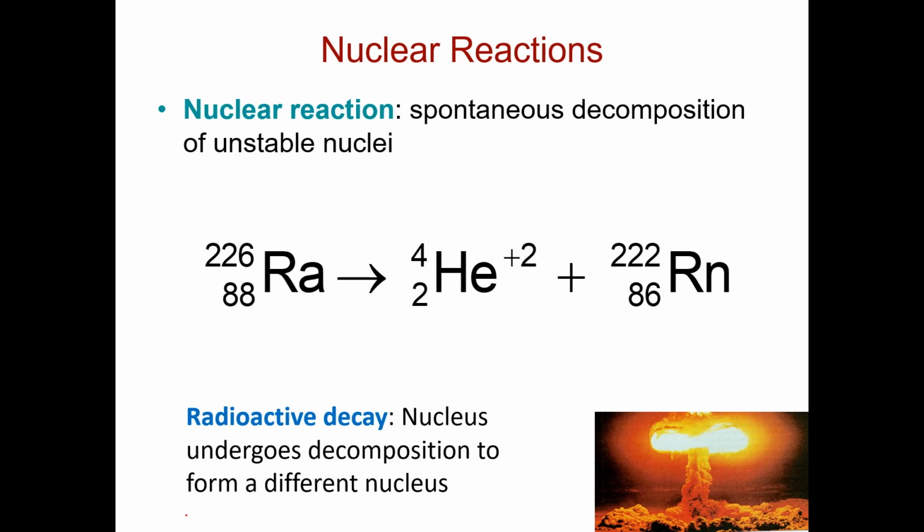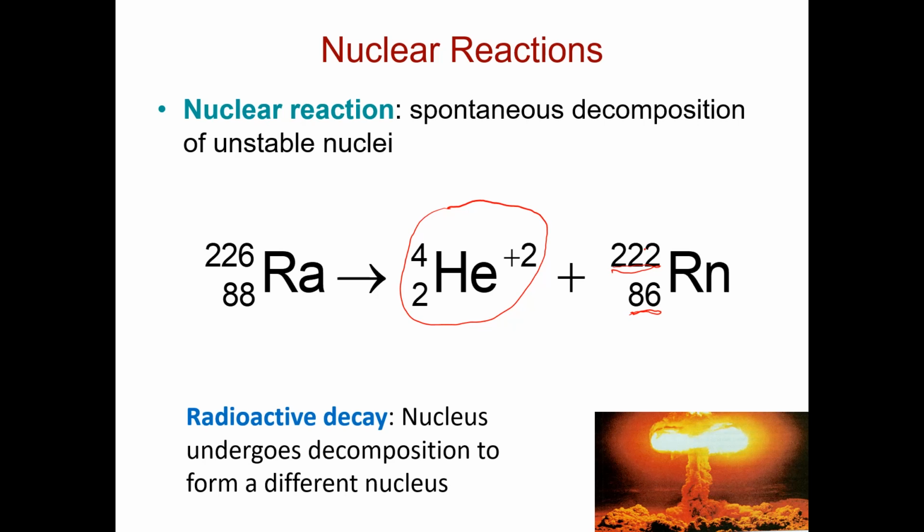For example, if we have radon-222, which has an atomic number of 86, if we release a helium nucleus, so if you look at helium on the periodic table, it has an atomic number of 2, and most isotopes of helium have 2 neutrons, which means it has a mass number of 4. If we lose a helium nucleus from that, 86 minus 2 gives us an atomic number of 84, and 222 minus 4 gives us a mass number of 218 left.